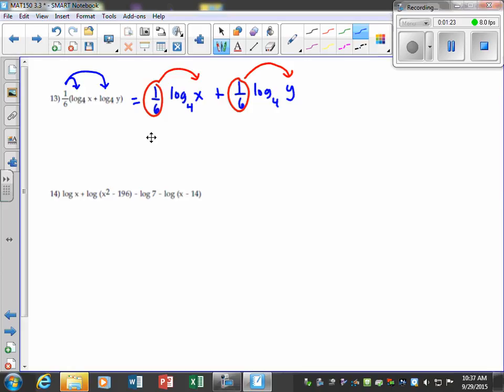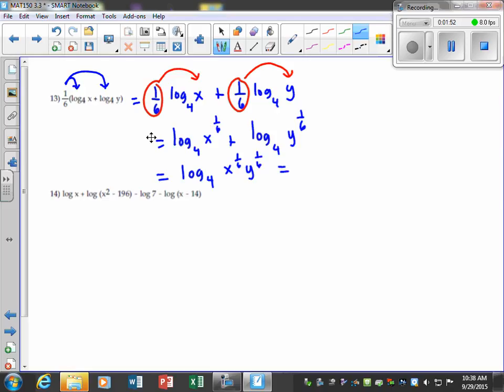So basically this becomes log base 4 of x to the 1/6 power plus log base 4 of y to the 1/6 power. And now looking at that, we can rewrite using multiplication. So this would give us log base 4 of x to the 1/6 times y to the 1/6.